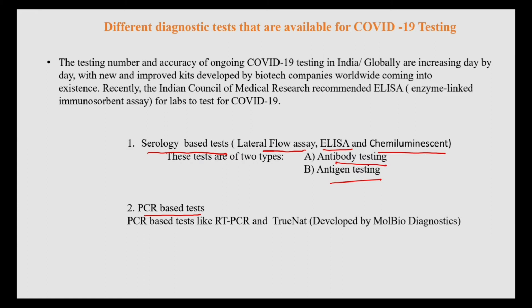Then we have the second category of tests, which are mainly based upon PCR. In that we use mainly RT-PCR. RT means reverse transcription polymerase chain reaction, and the advanced model we have in India especially is TrueNAT. It was developed by Molbio Diagnostics located in Goa.